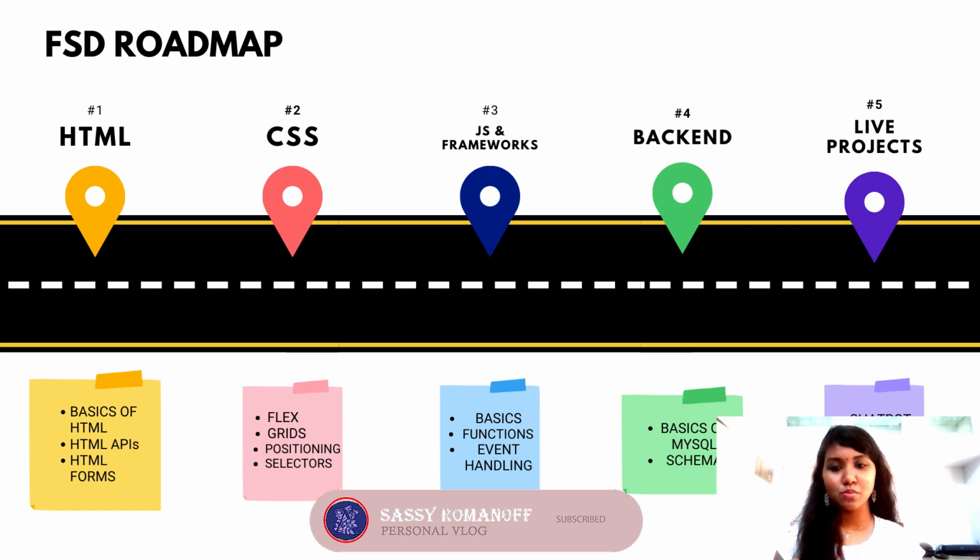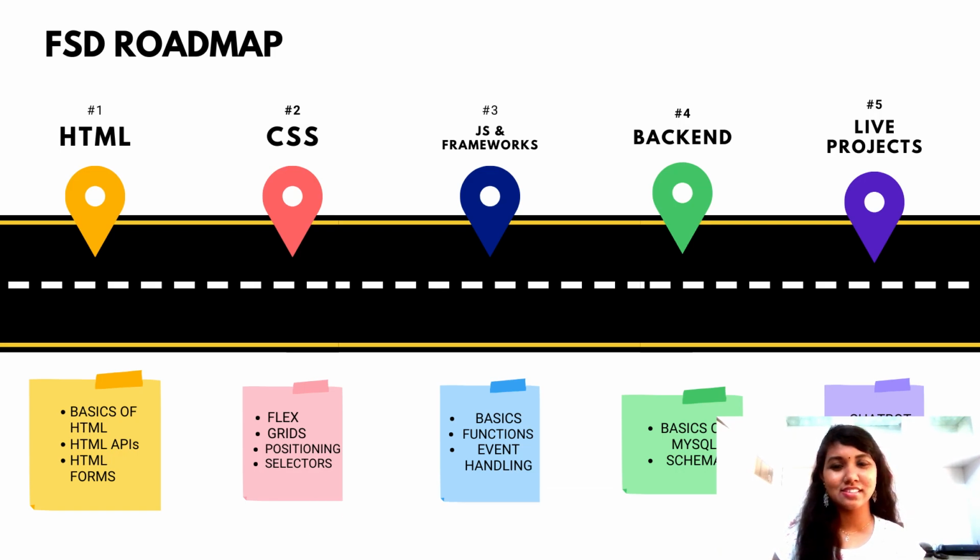In CSS, most of the things you might need to learn are flex, grids, and positioning, like absolute positioning and relative positioning. Selectors also you need to learn, meaning class, div and all those things. These are the main ones. Apart from this, please do have knowledge of other things too, at least the basics.